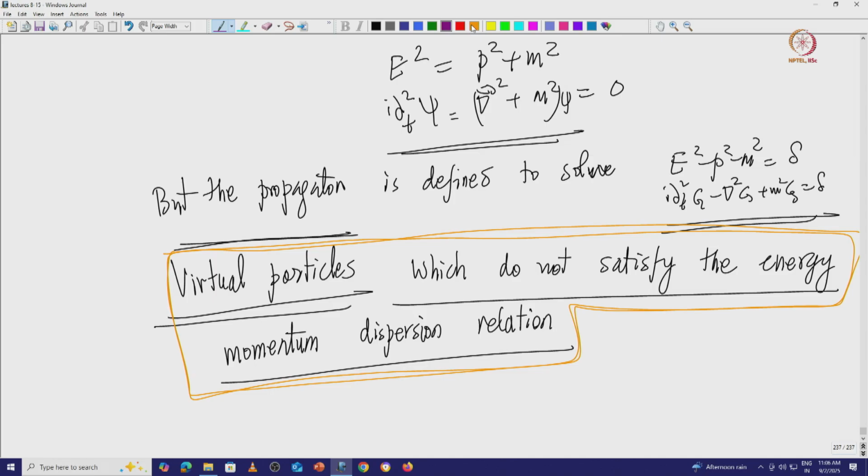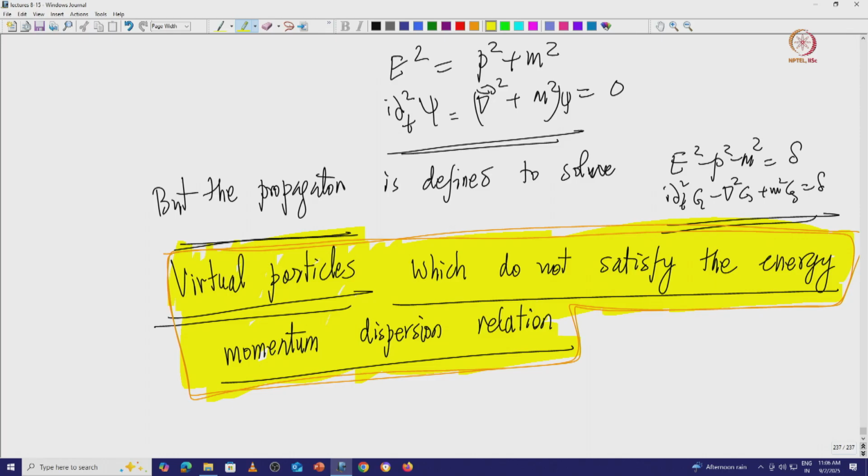Of course, you can do that, I am not against it, but a physical picture you can get in a nicer fashion. So virtual particles are particles which do not satisfy the energy momentum dispersion relations.